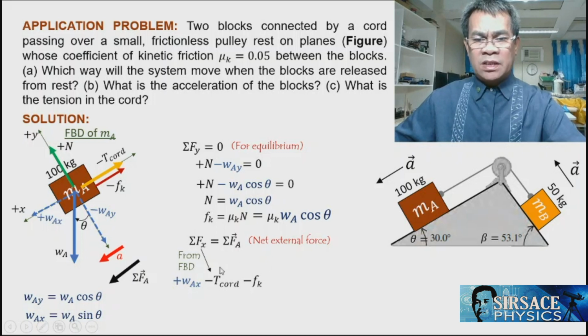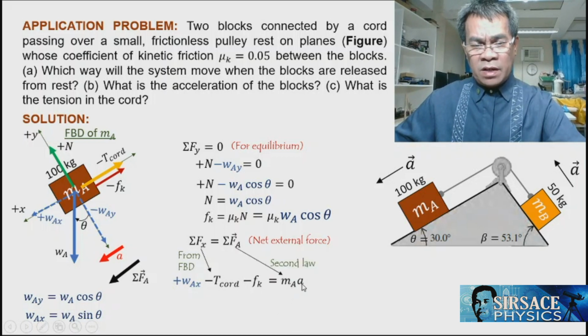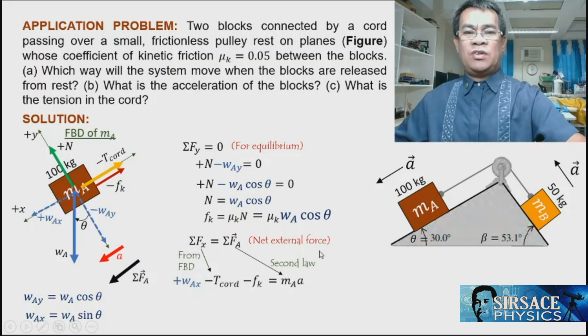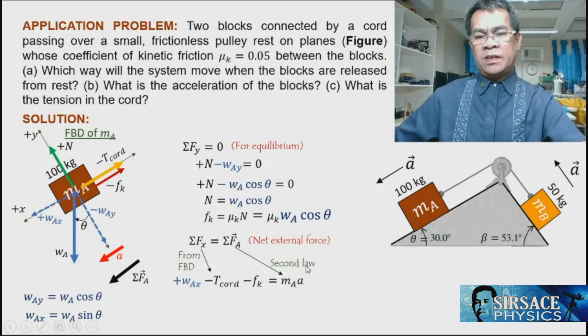These are the forces along x. This must be equated to the net external force, which is the product of the mass and the acceleration, the mass of A multiplied by the acceleration of A. This is coming from the second law of Newton. So we have this equation.